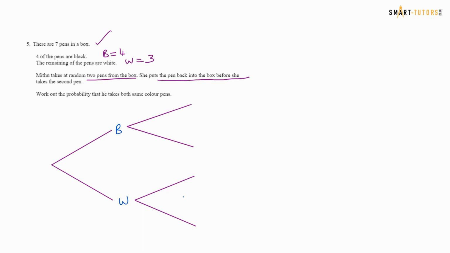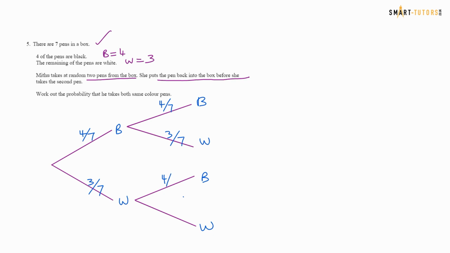Black, white, black, white, black, white. So black is 4 upon 7 and white is 3 upon 7, and here again 4 upon 7 and 3 upon 7.